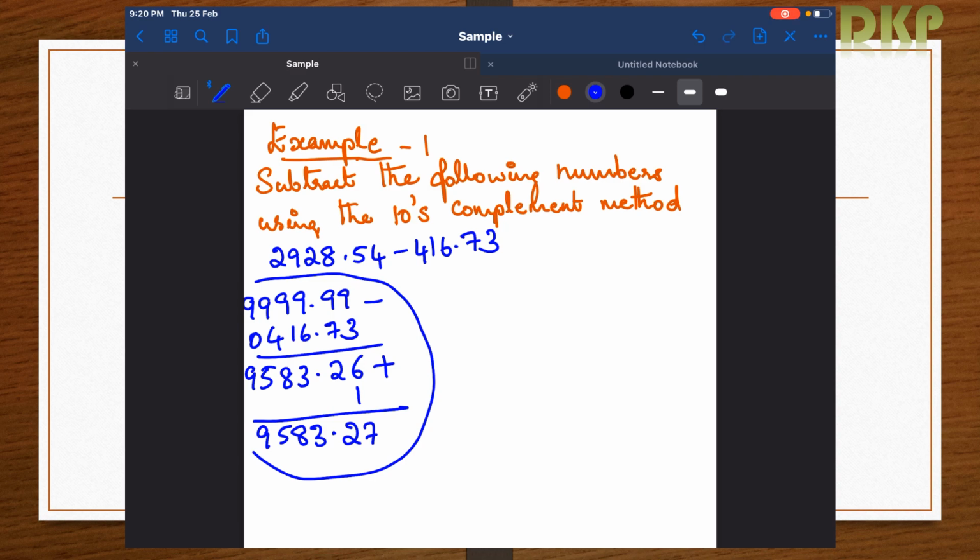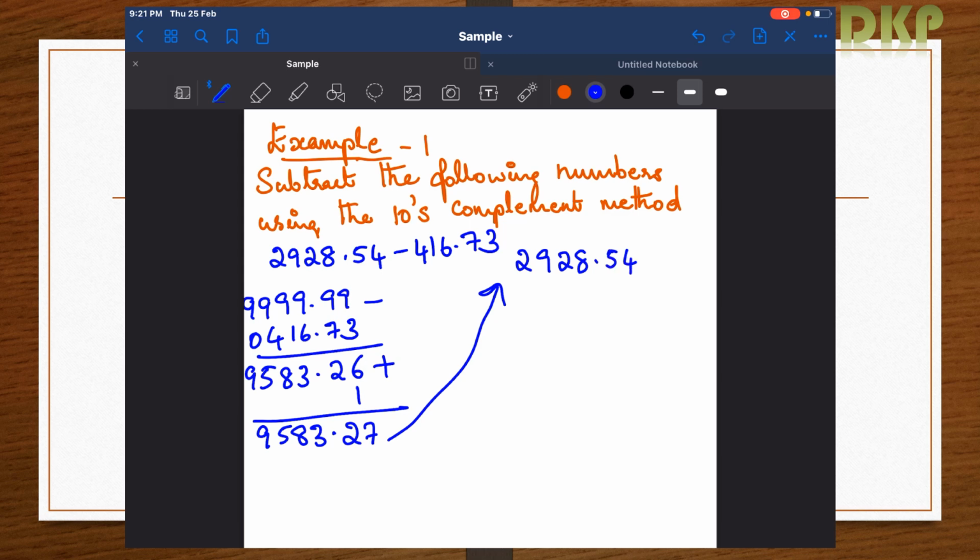So once you get the tens complement, you add that with the minuend. Minuend is 2928.54 plus 9583.27. 7 plus 4, 11, 1, 8, 1, 1, 5, 2, 1.